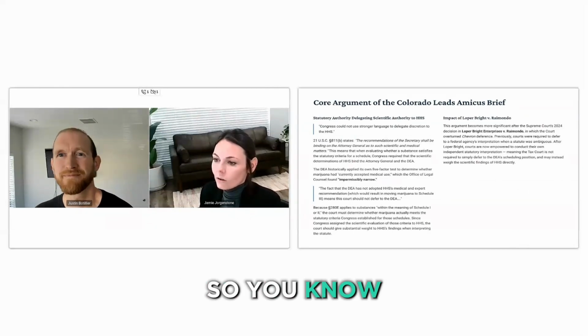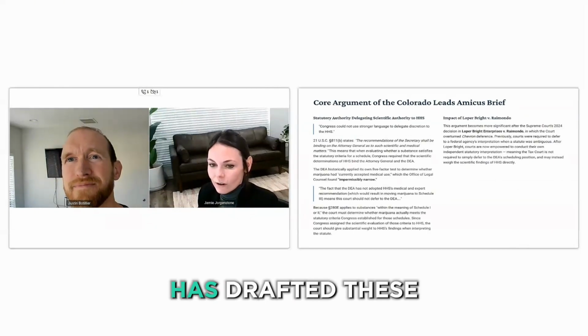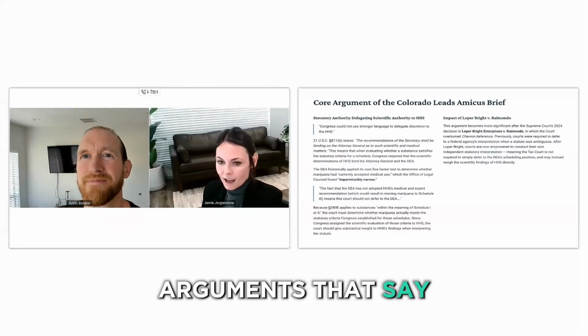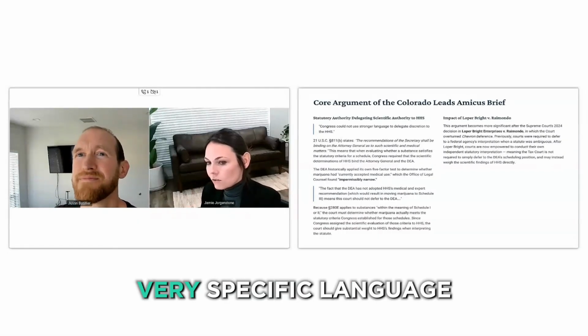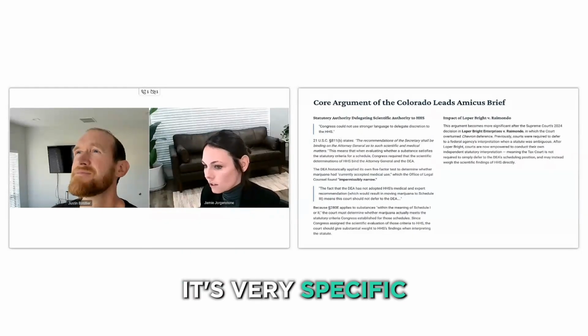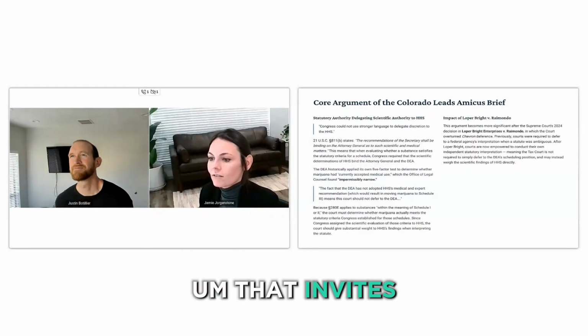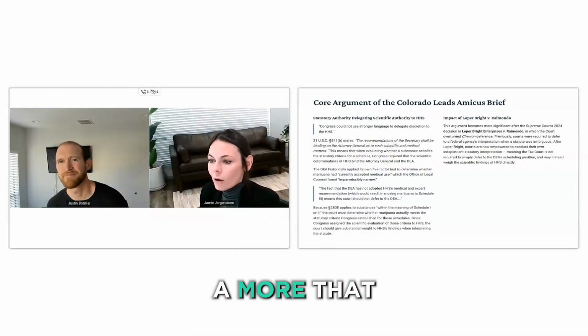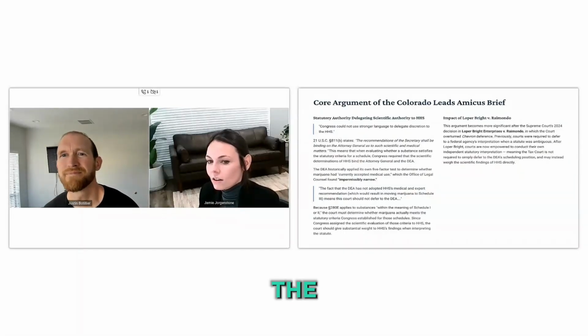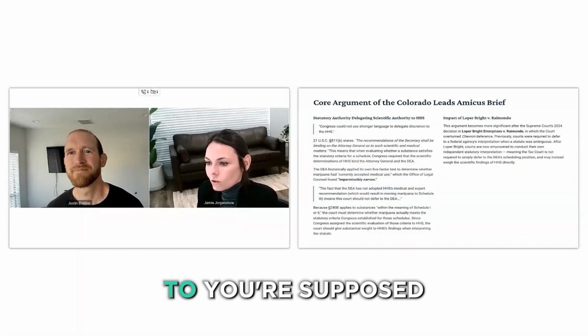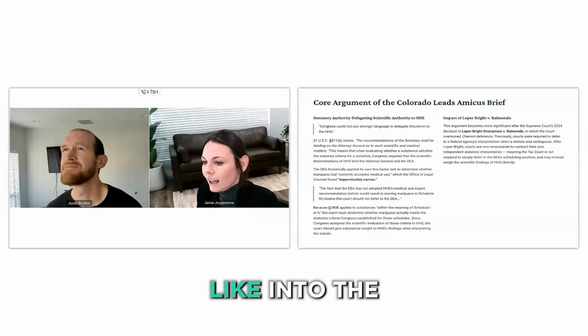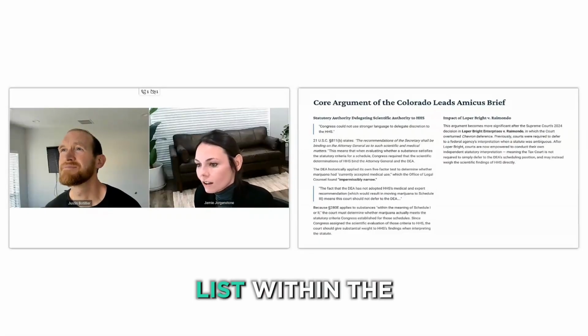So Nathaniel Pollock has drafted these arguments that say within the meaning is very specific language. This is his argument. It's very specific language that invites you to read into the criteria, not just the list.